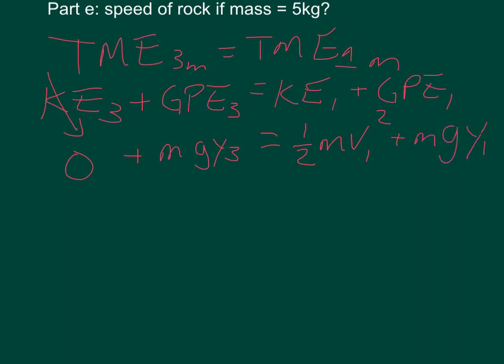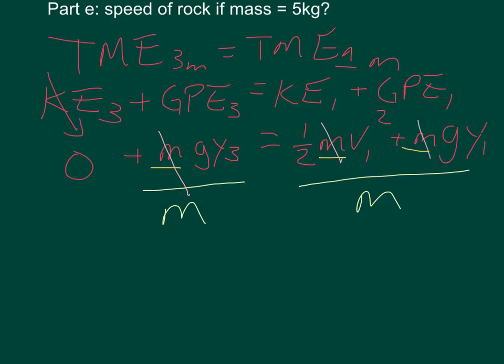Now if we look at something really interesting about this, what do we have in each of the terms? We have m. So what we can do here is divide both sides of the equation by the mass of the rock, and something very interesting happens. We get a cancellation of the masses in this equation, and what we're left with is something that looks like this.